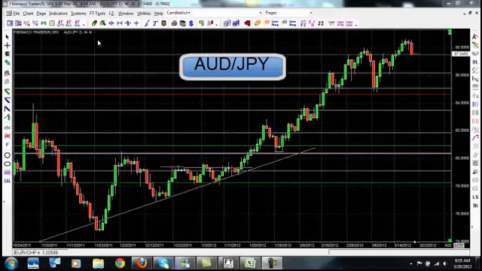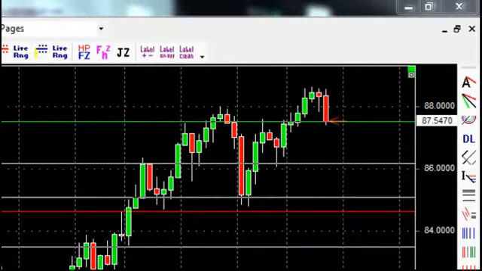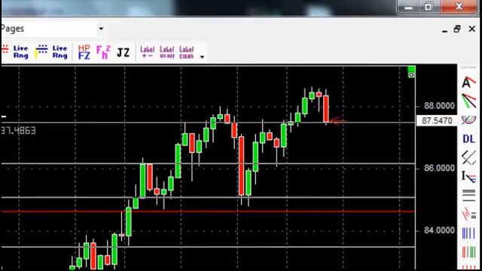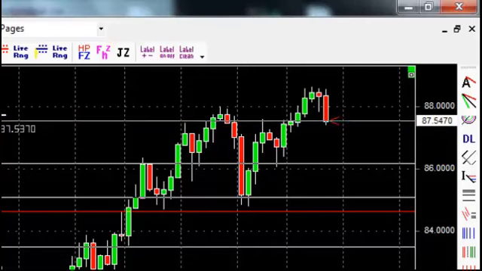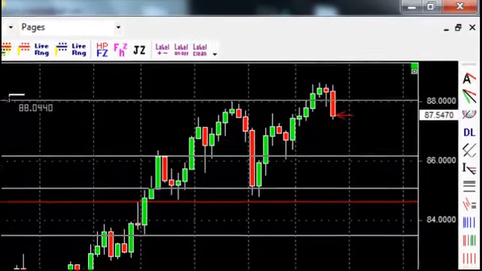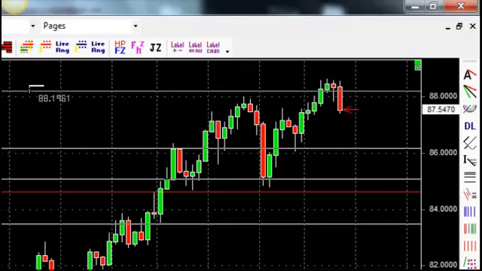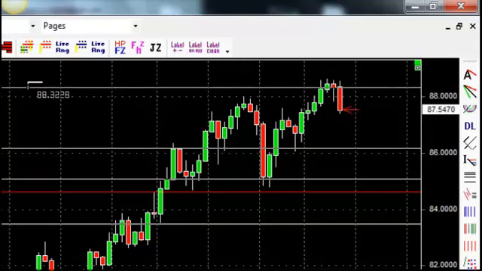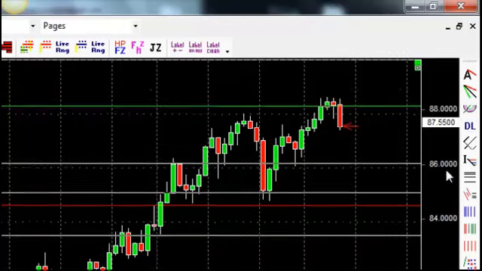So I'm going to show you where we got in. We sold the Aussie yen at 88.30, about right there. Okay, let me see if I can zoom this down a little bit more.